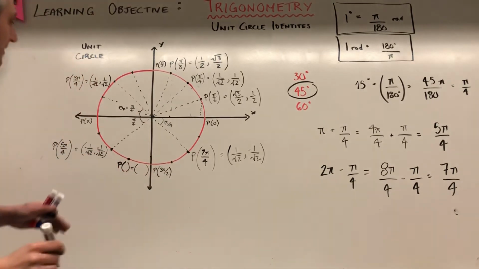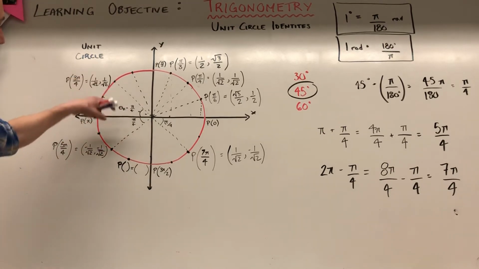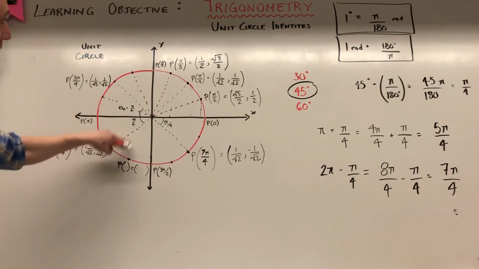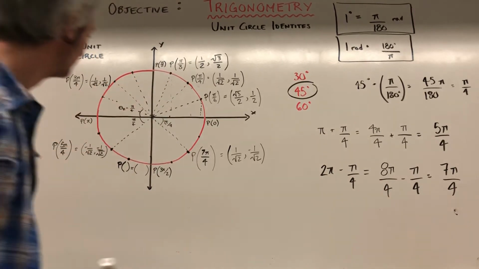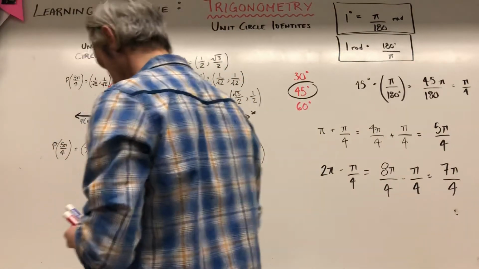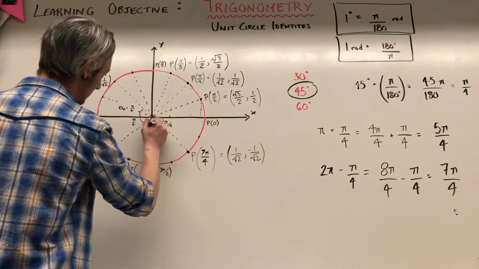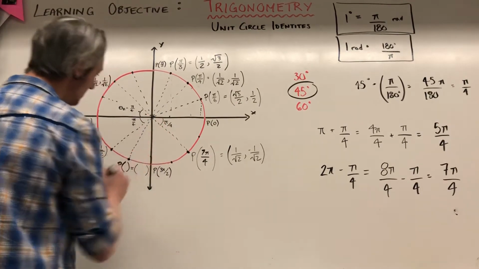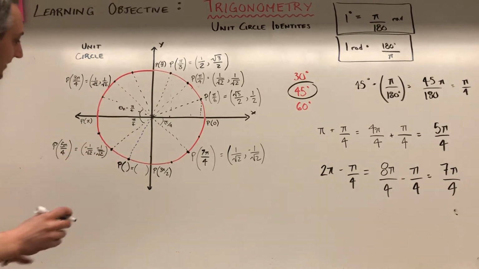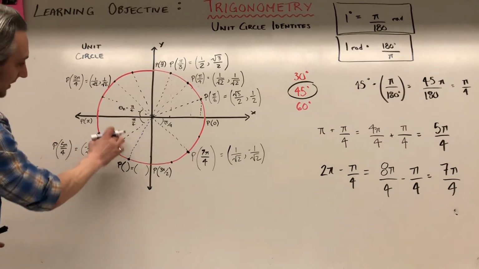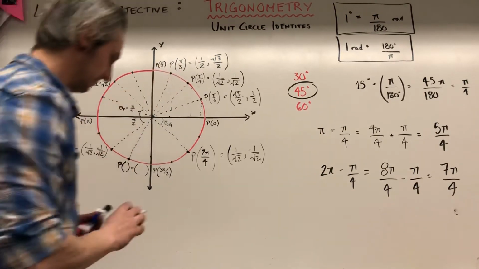And I know that this is going to be the equivalent of 60 degrees from the x-axis, or it's going to be pi over 3 from this x-axis. Excuse me. So this point happens at pi plus 60 degrees to get down to here, or plus pi over 3.